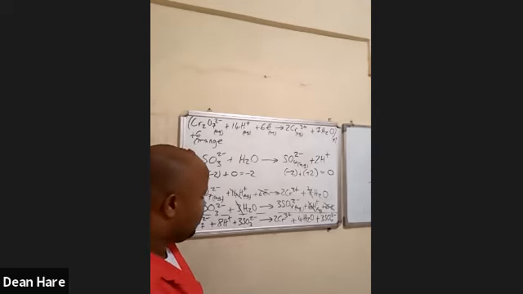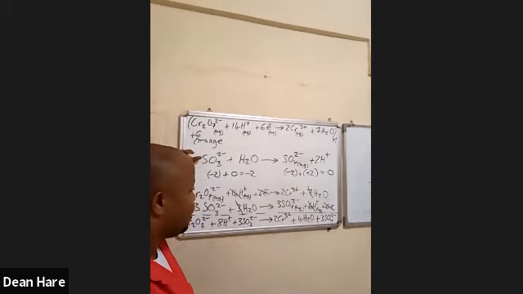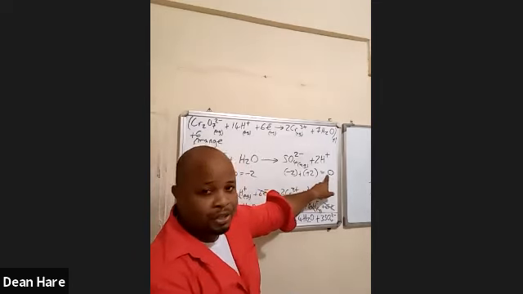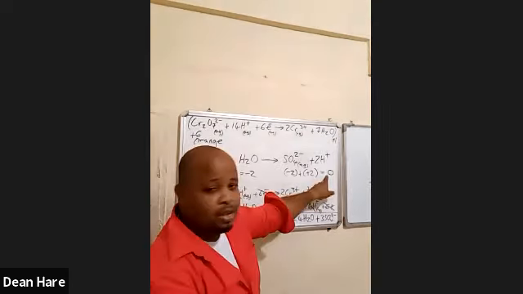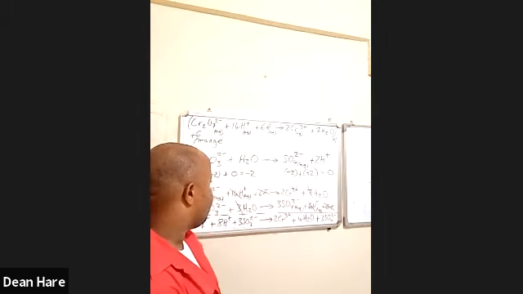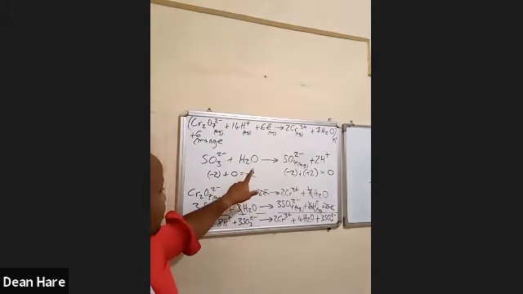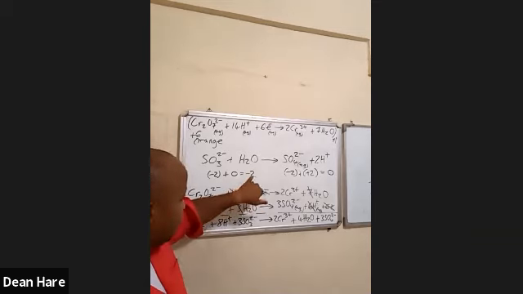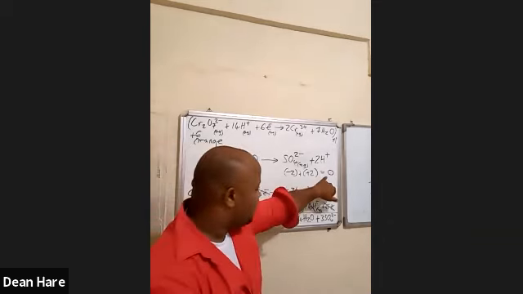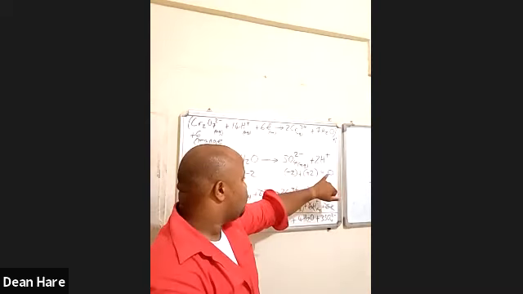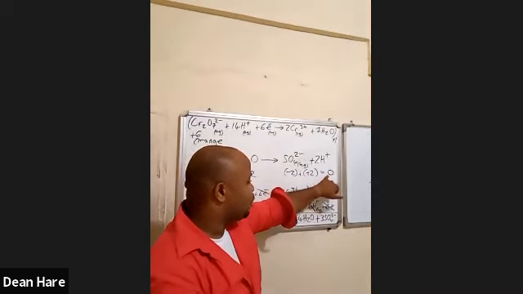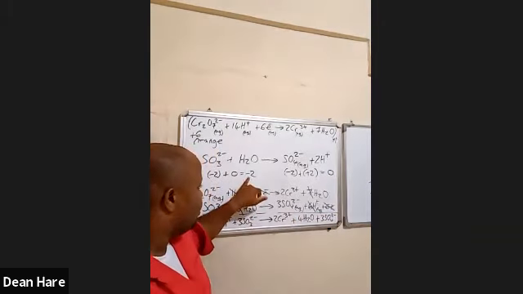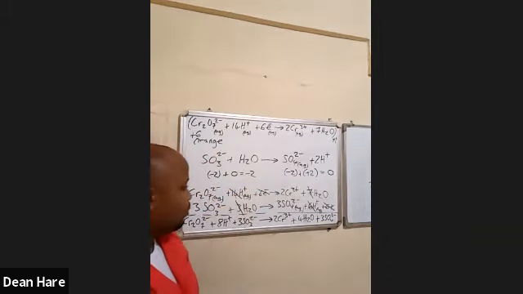And we have said that for your oxidation half equation, the overall charge on the right-hand side of your equation must equal the overall charge on the left-hand side. The overall charge here is -2. The overall charge here is 0. So we need to add some negative charges to this side so that it can become equal to -2.